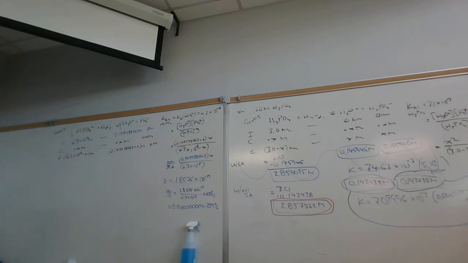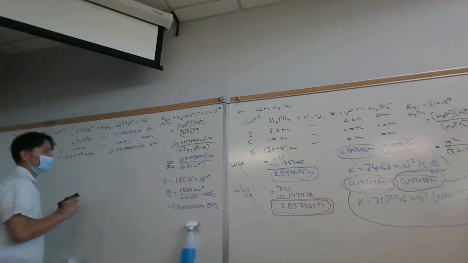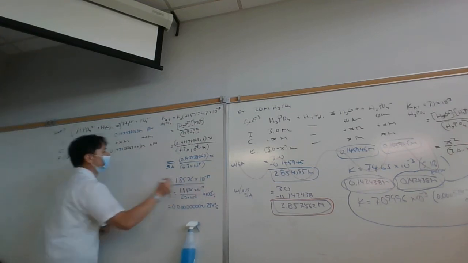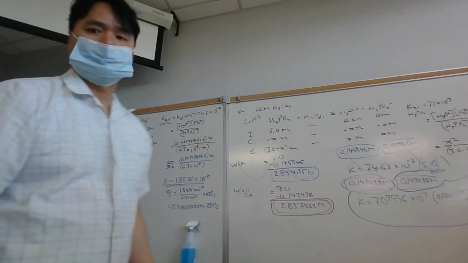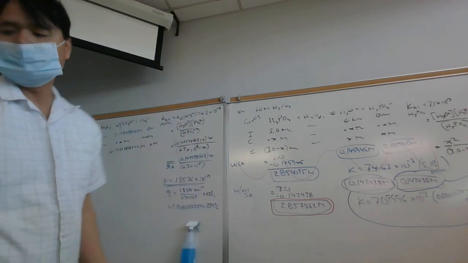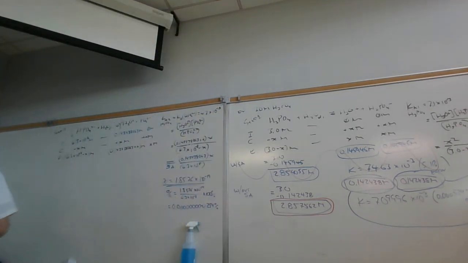But let me make sure I did the calculation correctly. So let's plug in this x value here into the concentration. Let's figure out what the x values are too. So what I'm going to do is write this in decimal form.